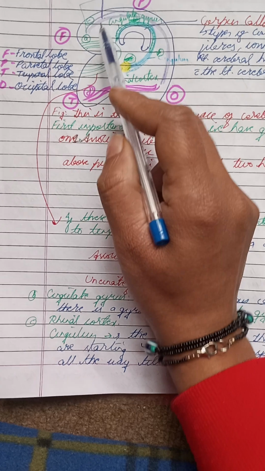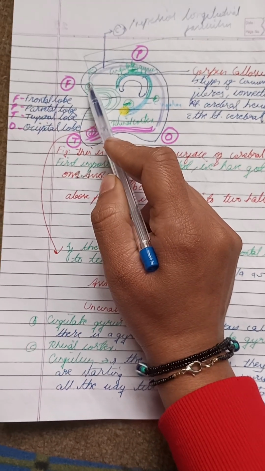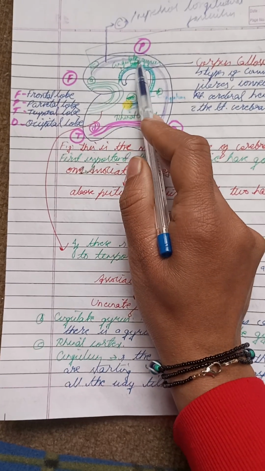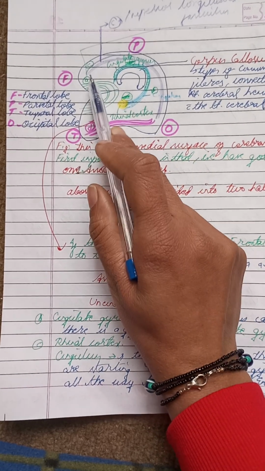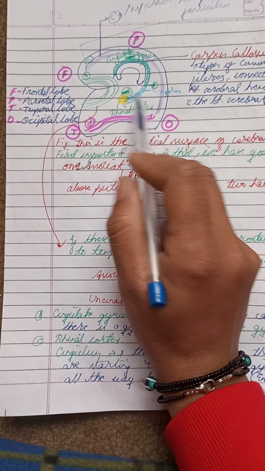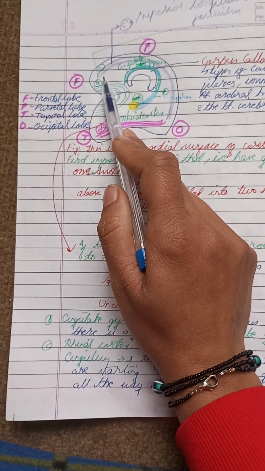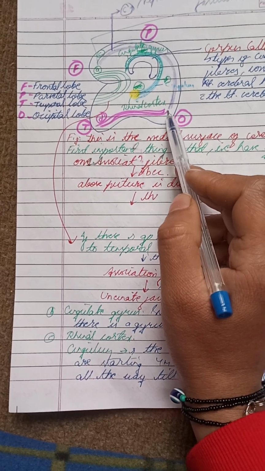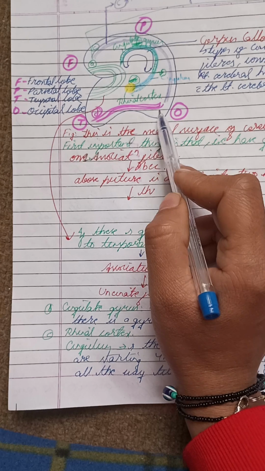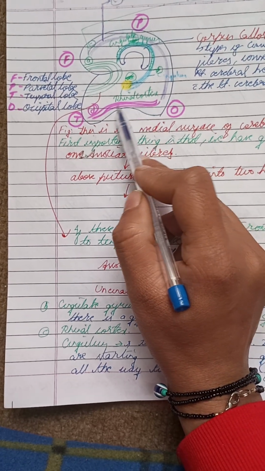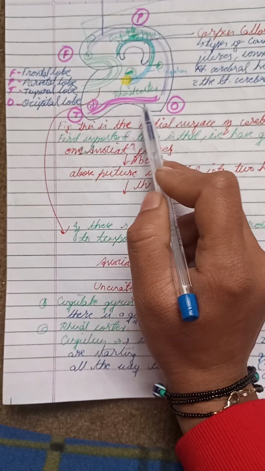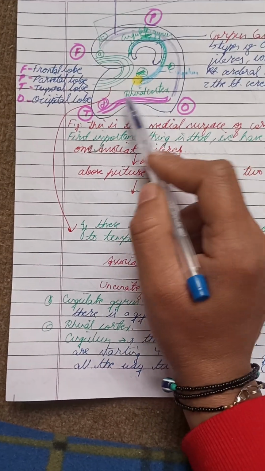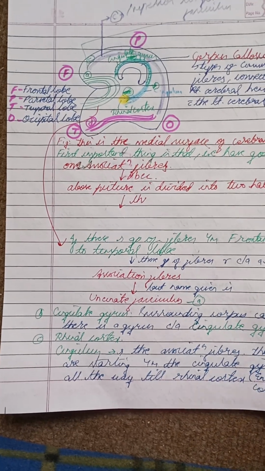And this purple one starts from the frontal lobe and comes towards the occipital lobe. This is called the superior longitudinal fasciculus, from the frontal lobe to the occipital lobe. And these fibers come from the occipital lobe to the temporal lobe, and these are called the inferior longitudinal fasciculus.